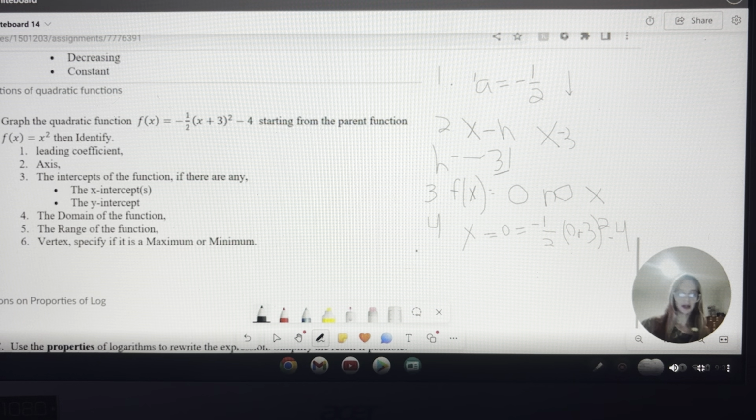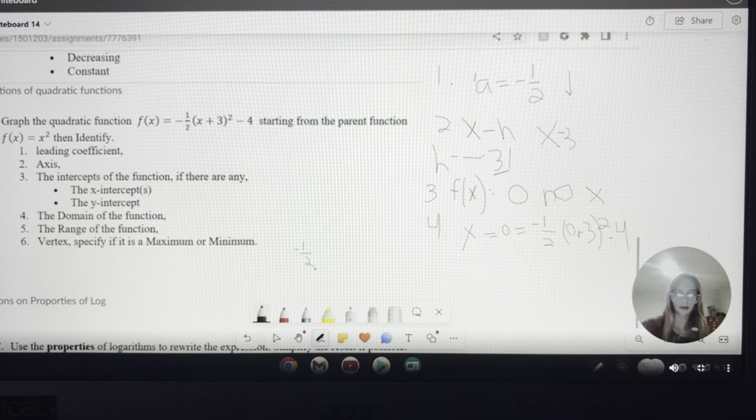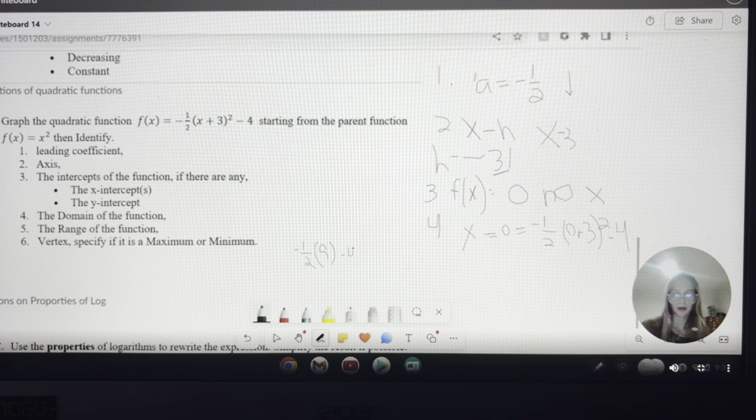So that is going to equal -1/2 times 0 plus 3 is 3, squared would be 9, minus 4, which will then equal -9/2 minus 4, which will then give us -17/2.